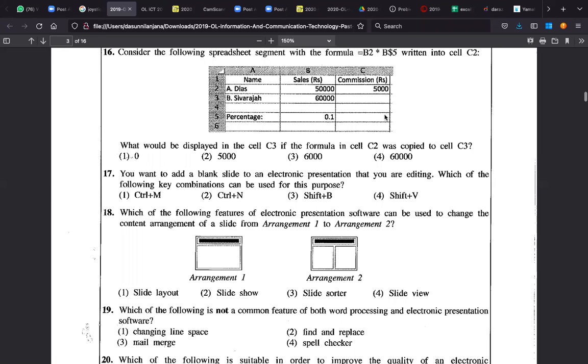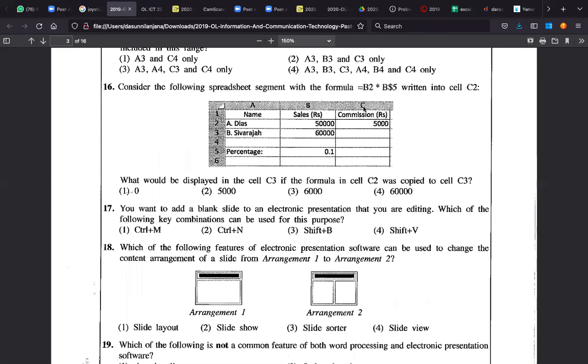Consider the following spreadsheet segment with the formula B2 times $5. B2, where's B2? B2 multiplied by $5. If there's a dollar sign in front of a letter or number, that is not going to change in that direction.